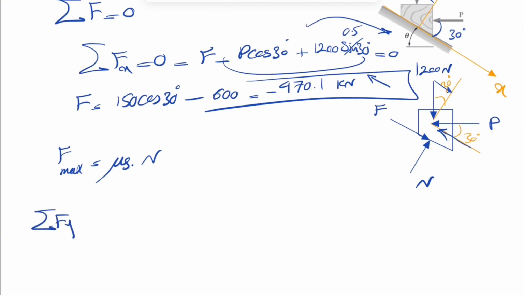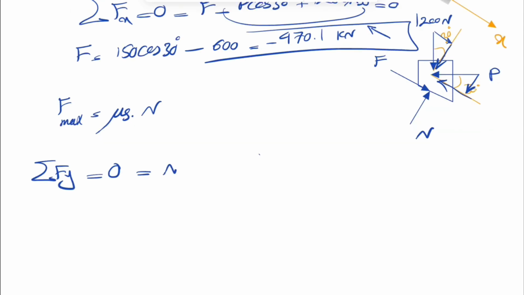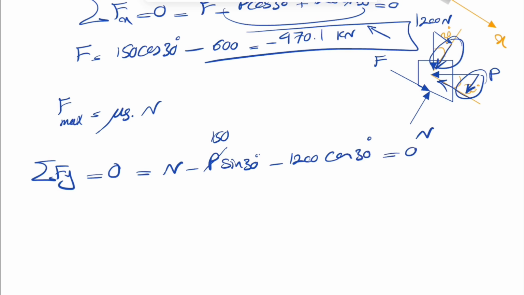We have one more equation, the sum of all forces in y equals 0. So we're going to have N minus P sine of 30 degrees, where P is 150, minus 1200. This was our y component, and this will be the y component for 1200 cosine of 30 degrees, equals 0.